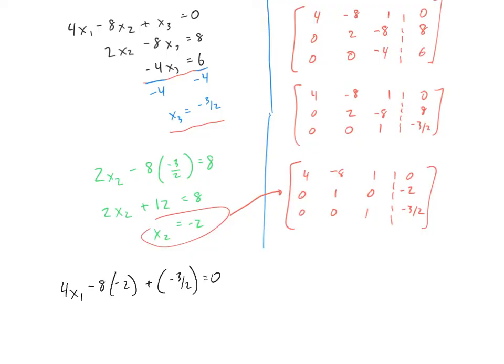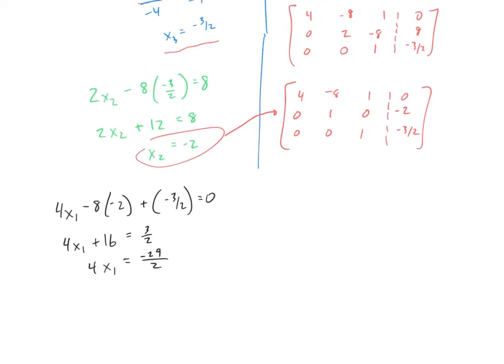All right, and let's see what we get when we solve for x1. 4x1 plus 16 equals positive 3 halves. Subtract 16. And I think that we should get, let's see, 16 is 32 over 2. So I want to say negative 29 over 2, negative 29 halves. That sounds about right. And then when you divide that guy by 4, x1 equals negative 29 over 8.